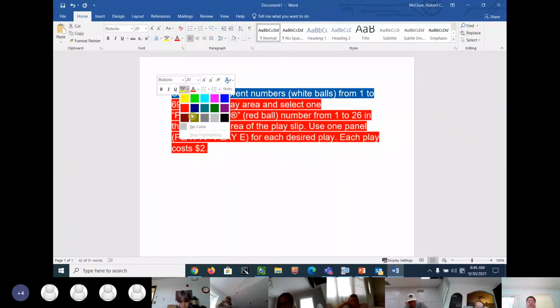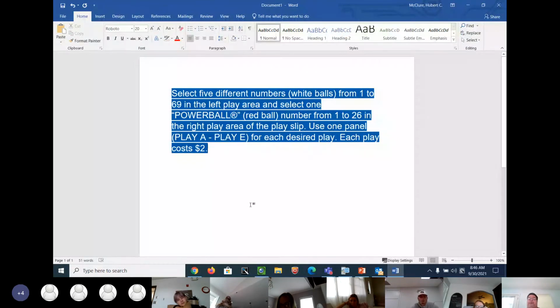And I can't, so you're just going to have to deal with it. Select 5 different numbers from 1 to 69 in the left play area, and then select a 1 ball, red ball, the Powerball, number 1 to 26. And they want to know, what is your probability of winning if you buy 1 ticket?